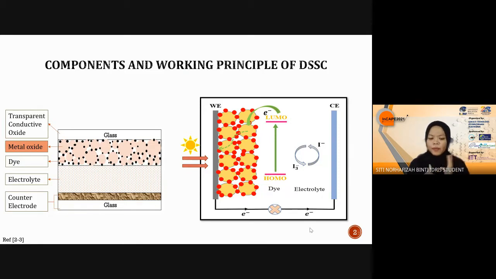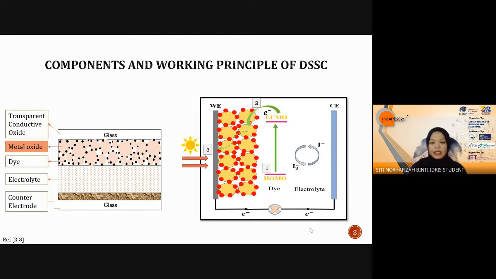There are four main steps in this principle. Firstly is light absorption that happens in the dye, where electrons get excited from ground state to a higher energy state. Second step is electron injection, where electrons are injected into the conduction band of the semiconductor.